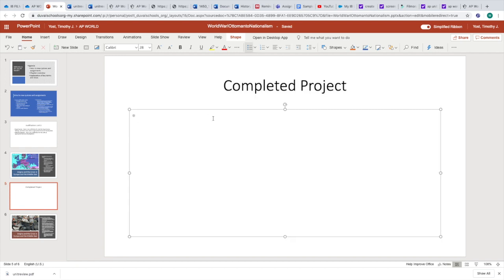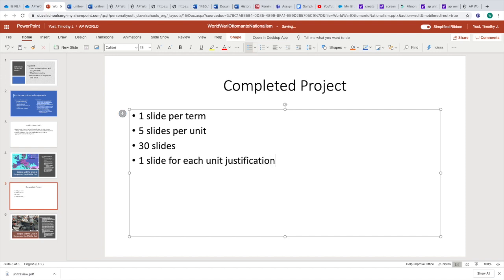I think it makes it look neater. 1 slide per term, 5 slides per unit, which would be about 30 slides, and then 1 slide for each unit justification. So total 36 slides.